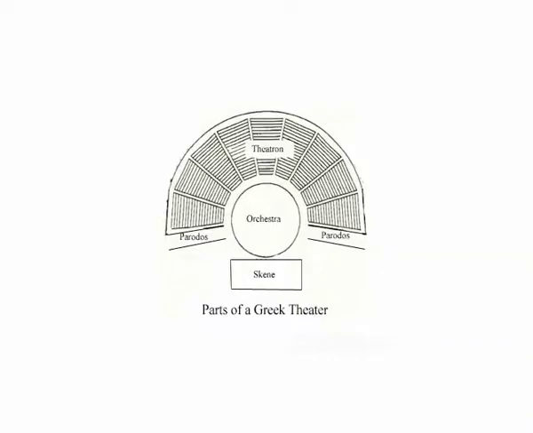They constituted mainly of four elements: the orchestra, located in the center where the actual performance took place; the scene, a large rectangular building right behind the orchestra, providing the backdrop; the paradoi, the area between the scene and the seats meant for actors' entry and exit; and the theatron, where the spectators sat.